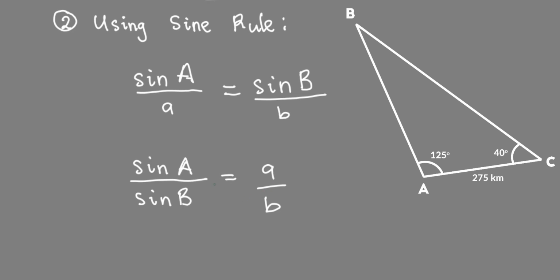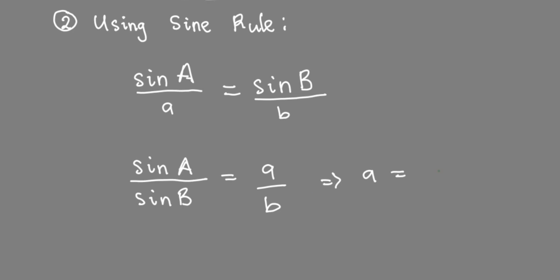We cross multiply, but since we've already put a as a numerator, we can just get this b and multiply it by the sin A. So a being the subject of the formula is just going to be b sin A over sin B.